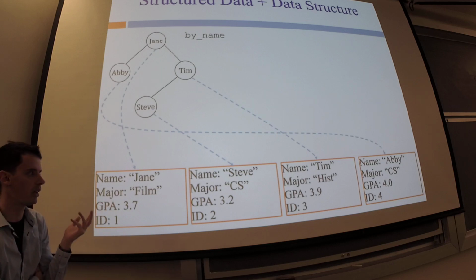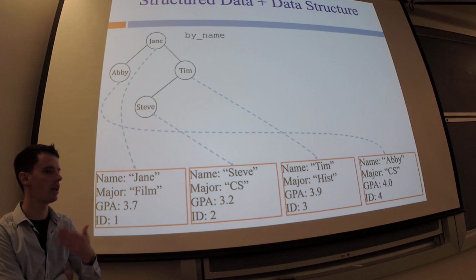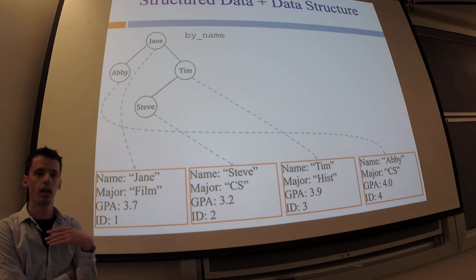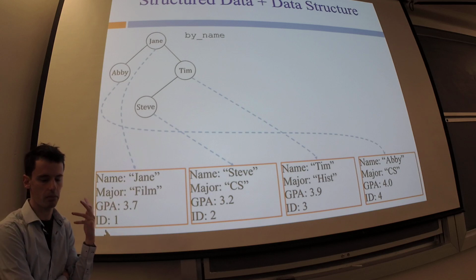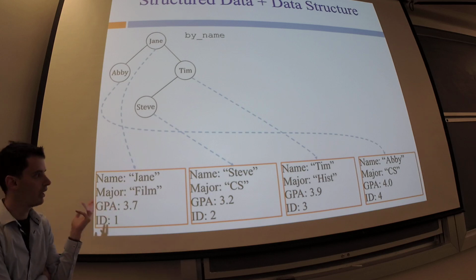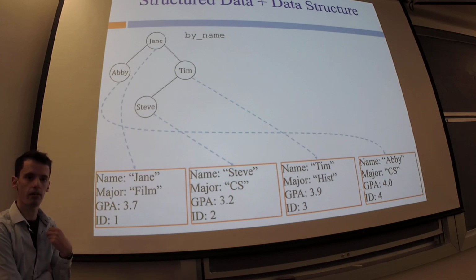So in our example, if these records are just somewhere on disk, these pointers would just be like an offset into the file. That way I can quickly traverse this binary search tree to find, say, Tim, find the location of Tim in a file, and then immediately go load that out of the file.